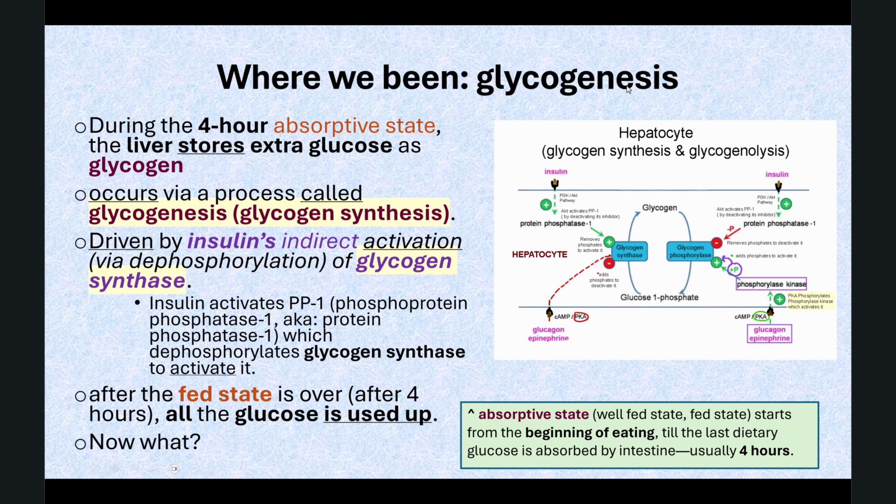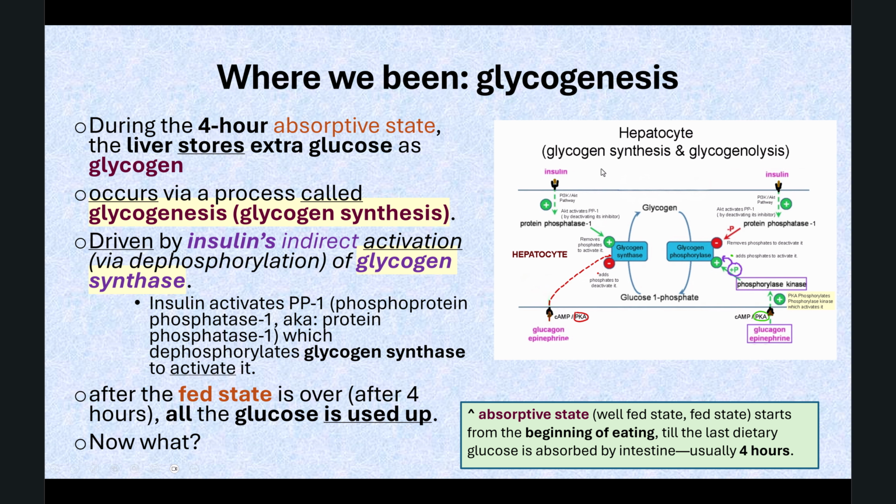Glycogenesis is the building of glycogen that occurs during the fed state, where you can take extra glucose and make a storage form of glucose called glycogen. The key to make glycogen, the rate limiting step, is glycogen synthase. And glycogen synthase is stimulated by insulin, kind of indirectly.